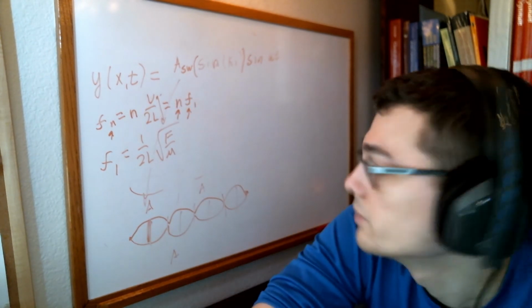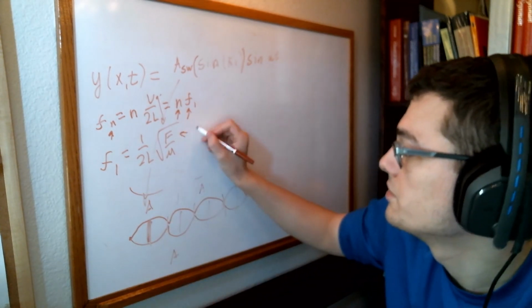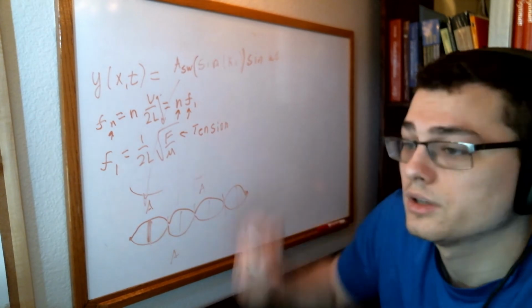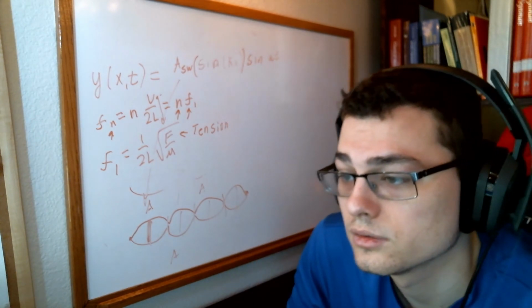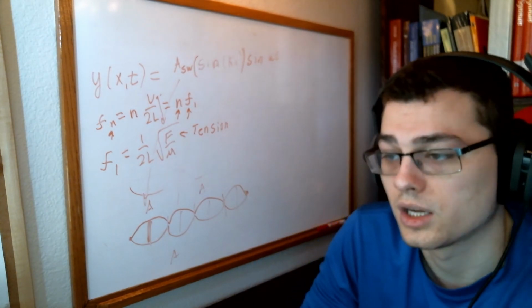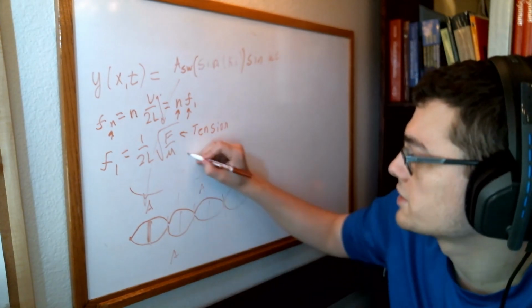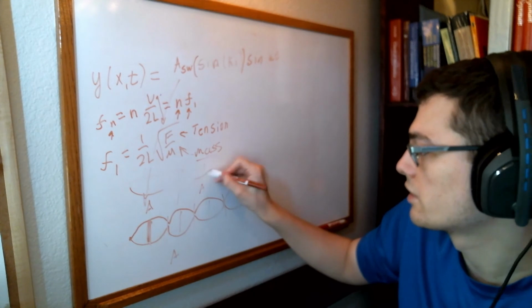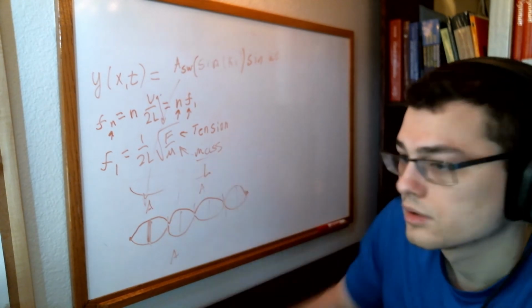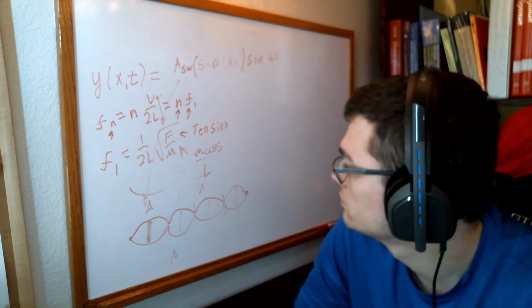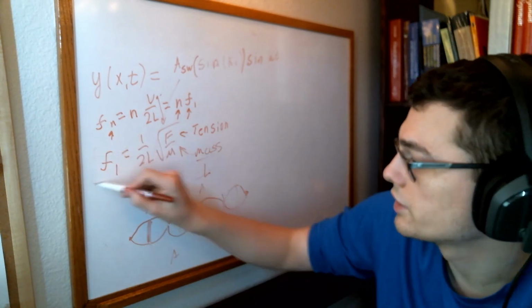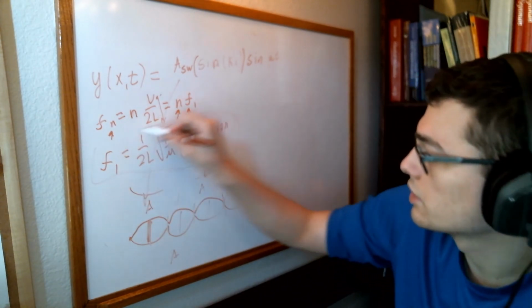And this F is going to be the tension in the string, and mu is going to be the mass per unit length. And so then this is our final equation, I believe, for our chapter.